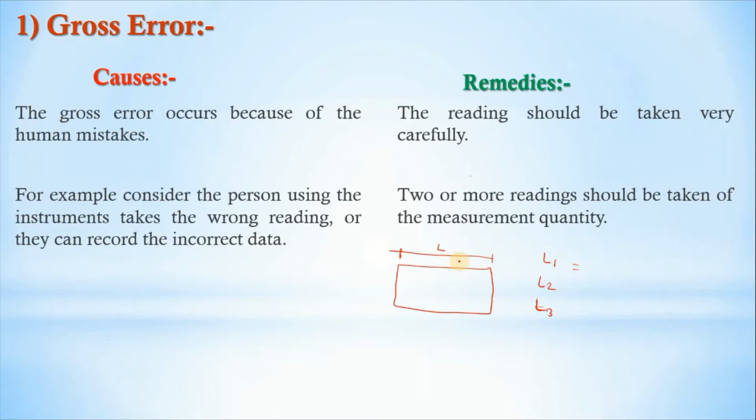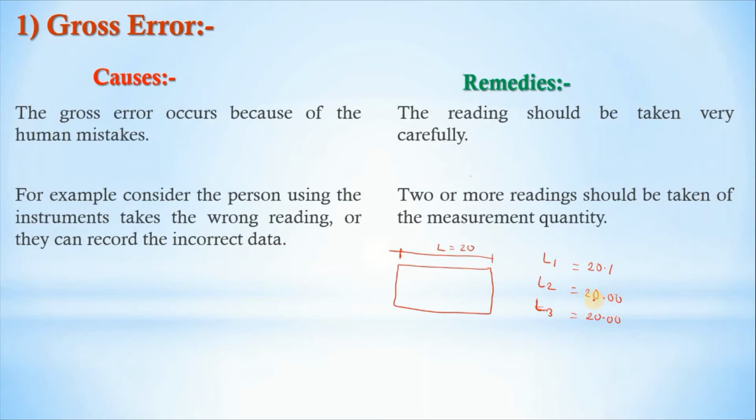Suppose this length is given a standard value of 20 mm, and while taking the measurement by using a measuring instrument, the first time it gives 20.1, then the second 20, then 20.00.